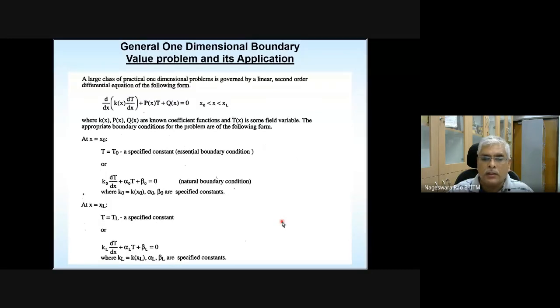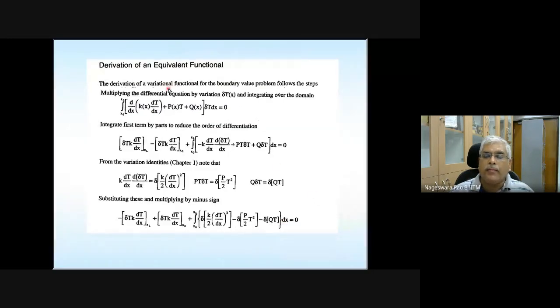So I'll go to the next slide. If it is a variational method, we need to derive the equivalent variational functional. The derivation of a variational functional for the boundary value problem follows these steps. The governing differential equation, you need to multiply with variation of T and integrate from x naught to xn. First step.